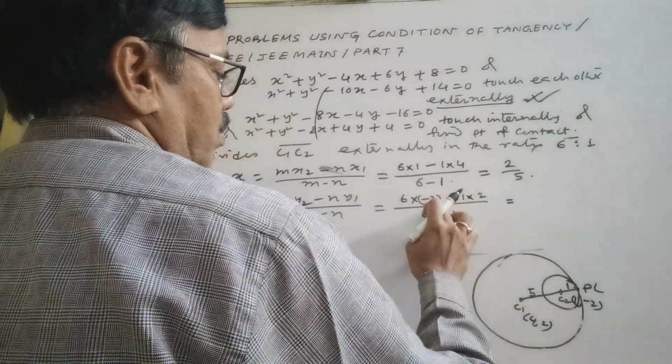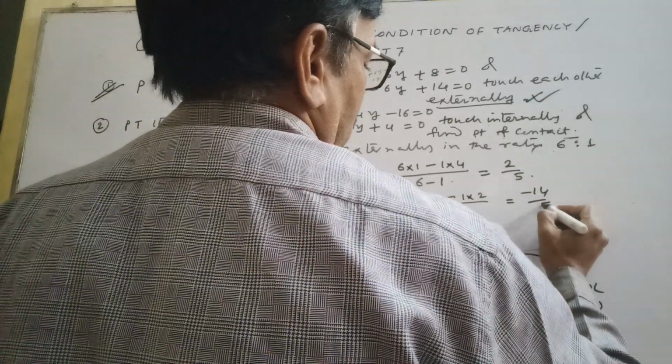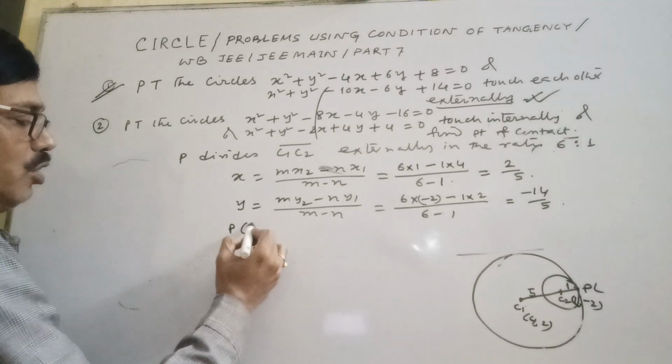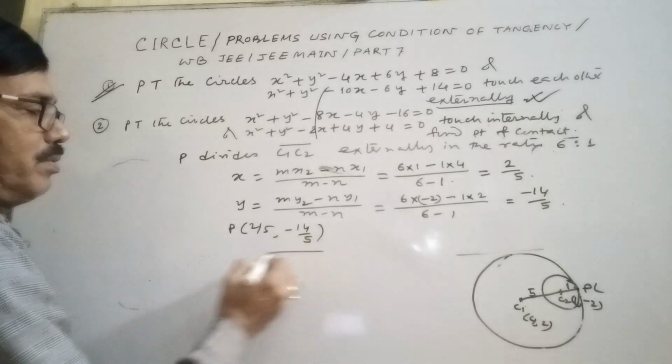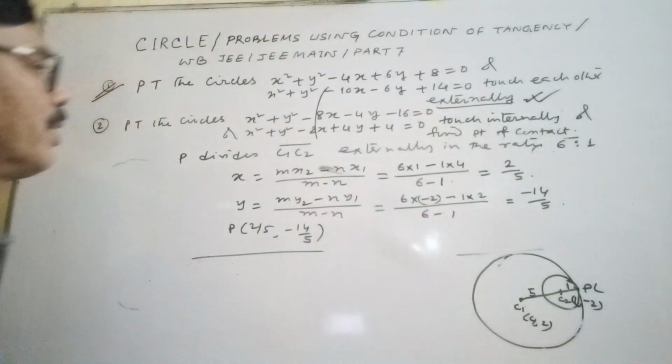So minus 12 minus 4... so minus 14 by 5. So the coordinates of P will be (2/5, -14/5). So section formula.